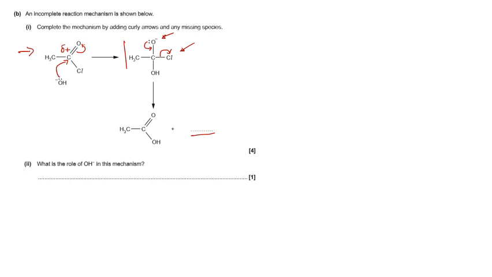So they form a new pi bond there, and that results in this carboxylic acid, ethanoic acid. But you'll notice that we've lost that chlorine, and that chlorine is a chloride because it took the 2 electrons in the bond with it. So there we have it.